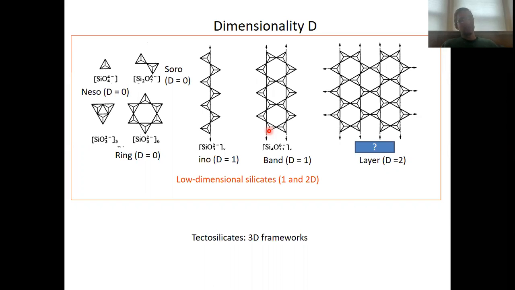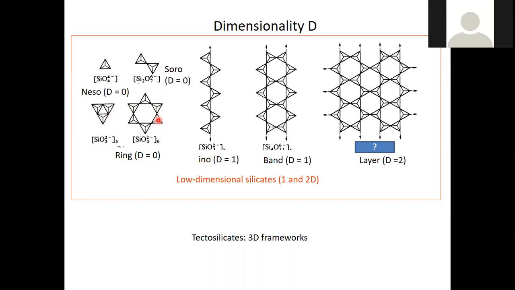I will talk about this in more detail in the next lecture, but it's a good comment. So not all ring sizes are equally often realized in nature because of different thermodynamic stability, part of which is due to ring strain. But 3-membered rings and 6-membered rings are pretty common. Also 4-membered rings are relatively common. 8-membered rings are still fairly common, but I'm not aware of a ring silicate in which we have, let's say, 20 members. So that becomes exceedingly rare.